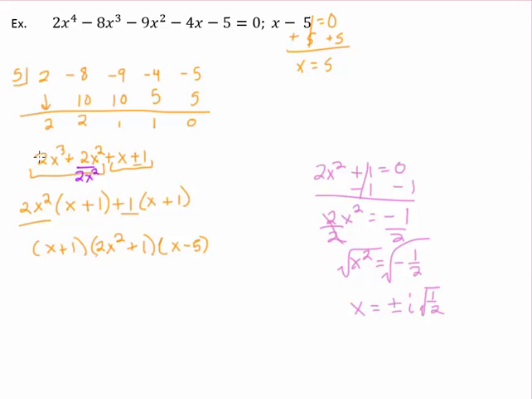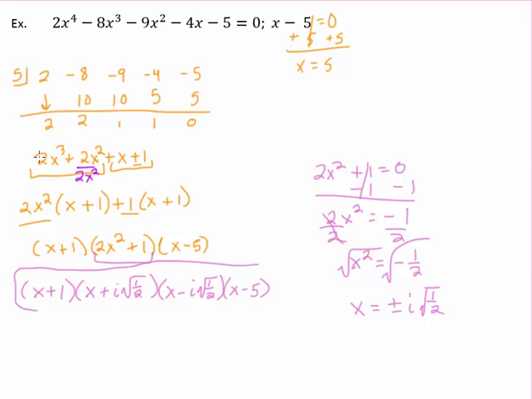And so this parentheses splits up into x plus i square root of 1/2 and x minus i square root of 1/2. Or you could have written that in the other order, but that's how this splits up, because that's the answers I got. So if I put in these other factors, this is that completely factored. So there we go.